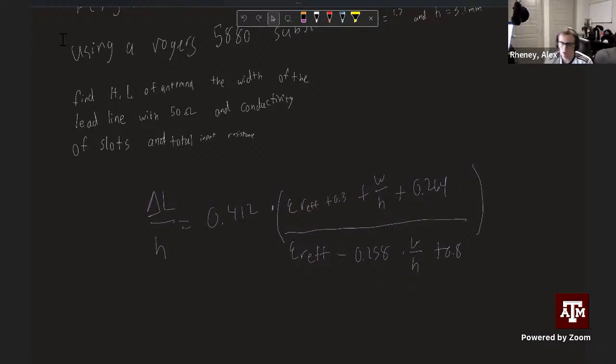For the top one, do epsilon ref plus 0.3 with parentheses around that, and then it's times the parentheses W over H plus 0.264.